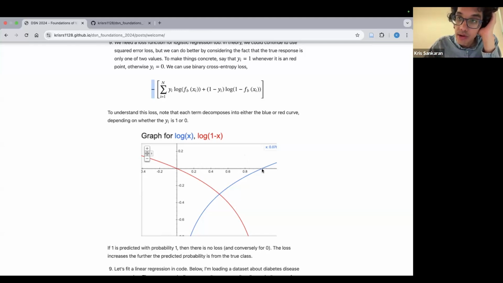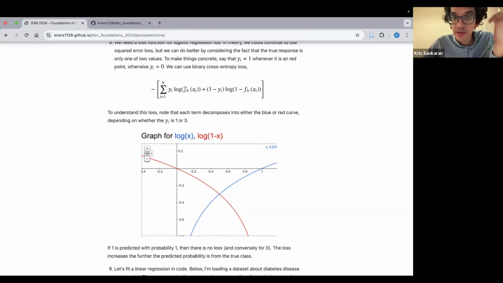And also if you have the wrong label, then this will also give you a penalty. So to think about that, let's say that it's actually 1, but we had thought it wasn't going to be class 1.